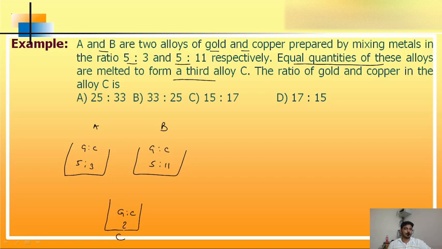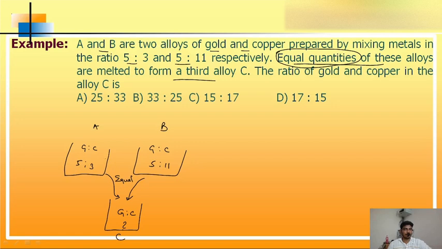That ratio we need to find here. He is taking equal quantities of these alloys, which means he is mixing the two alloys A and B in equal quantity.